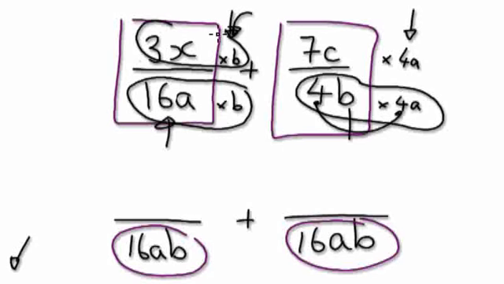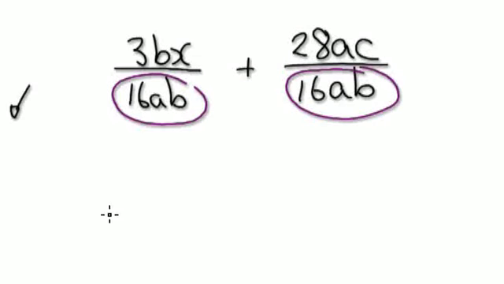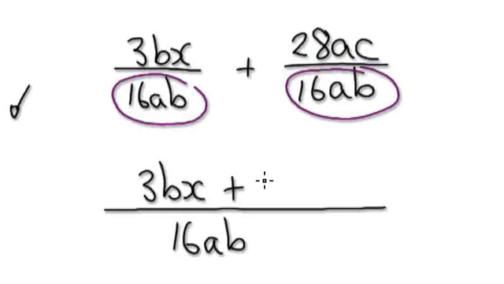Well, anyway, 3x times b will be 3bx, or 3xb, it doesn't matter. 7ac times 4a, well, 7 times 4 will be 28, and then a times c, so 28a²c. Okay, now just merge because the two denominators are the same. So 16ab, and this will be 3bx plus 28ac.